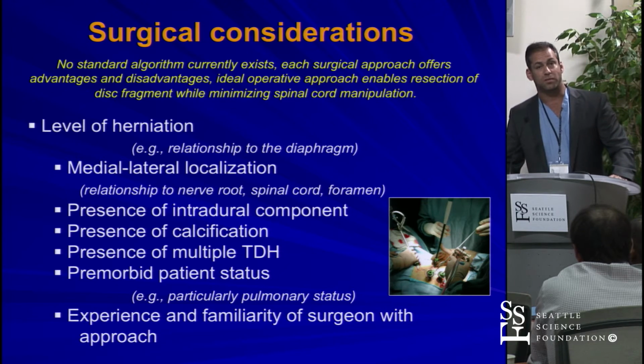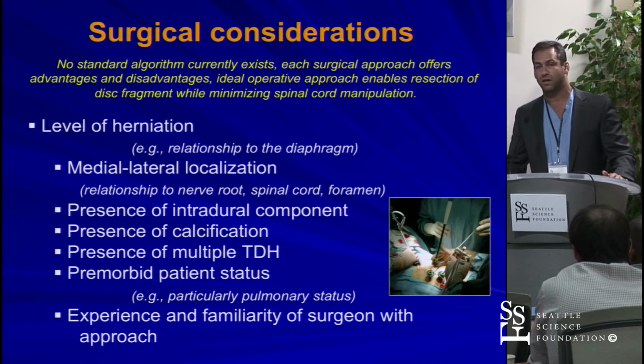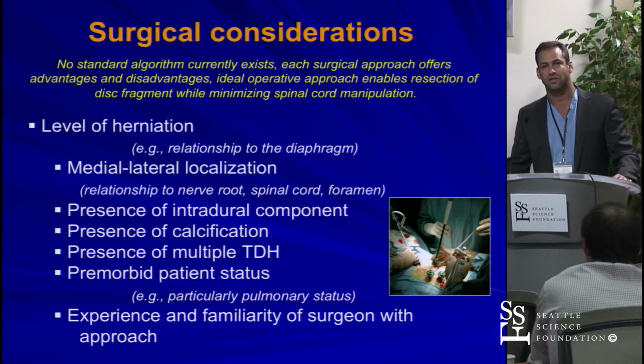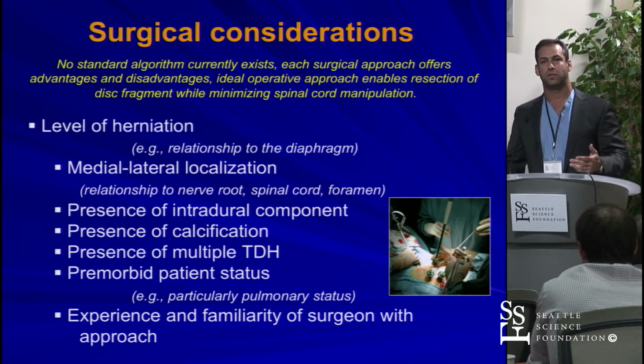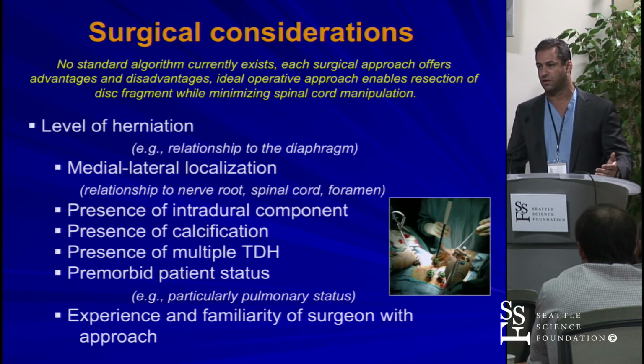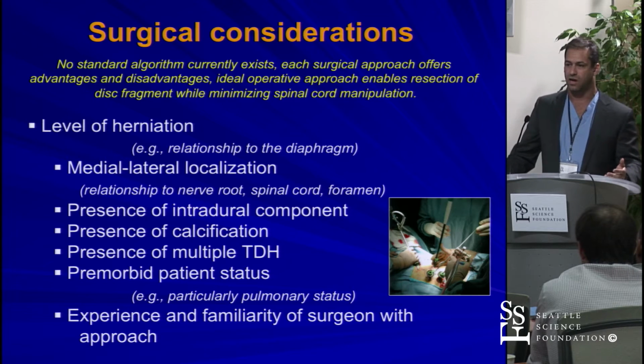The patient's premorbid status. Again, if there's significant pulmonary dysfunction in this patient, these are things that you need to consider as you're discussing or trying to determine whether or not surgery is going to take place, and if it is, what kind of surgery. And this is also incredibly important: the experience and the familiarity of the surgeon with the approach, right? Again, this is not something that is exceedingly common, that we're doing 80 or 100 of these cases during our residency.